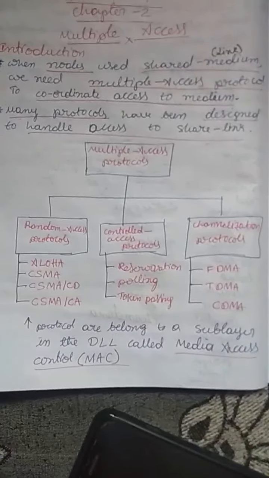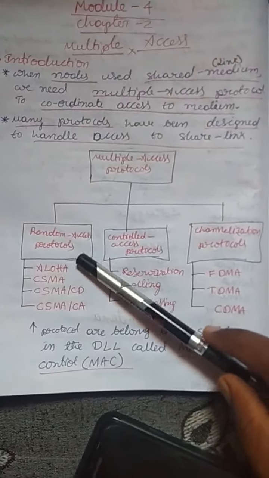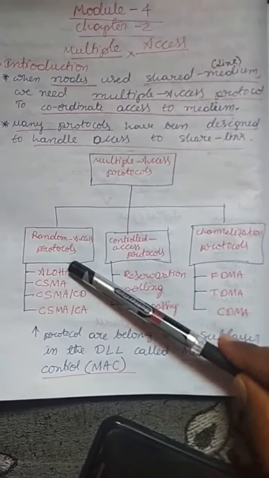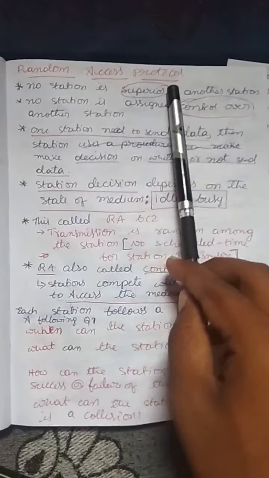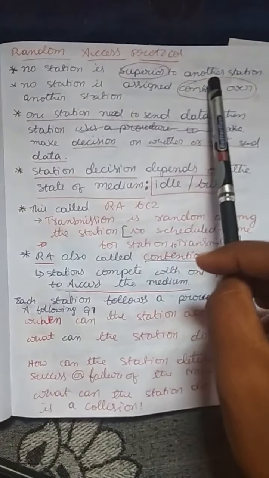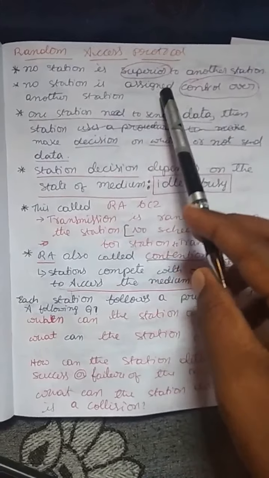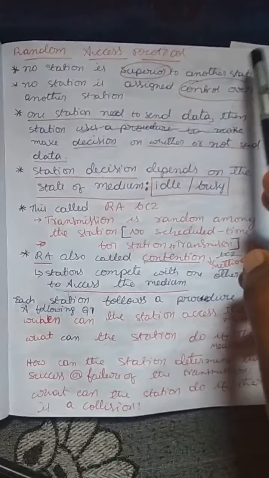Now we discuss random access protocol and its four types. In random access protocol, no station is superior to another station, means no station is given importance over another.